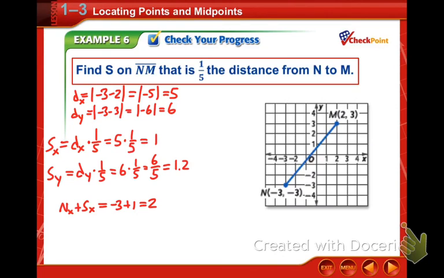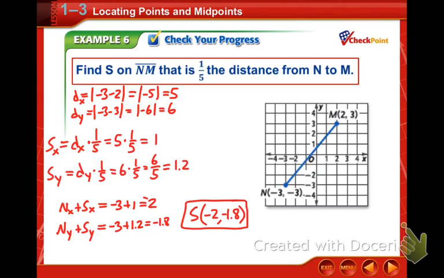Sorry, not labeling things as I should be, but that's okay as long as we know what we're looking for. Then negative 3 again, plus 1.2, is negative 1.8. So our coordinate for S is negative 2, negative 1.8. And there's our coordinate.